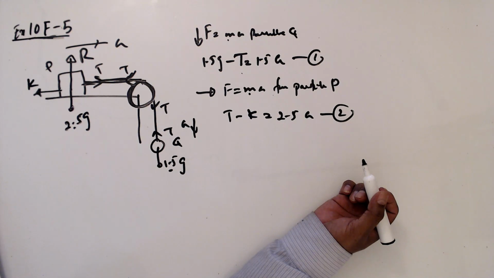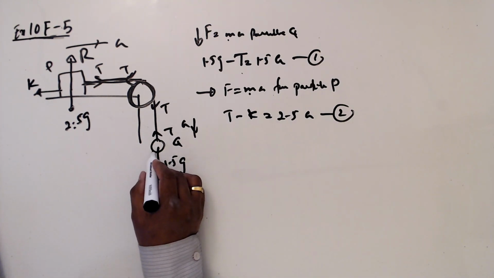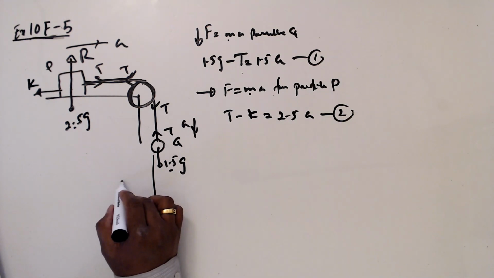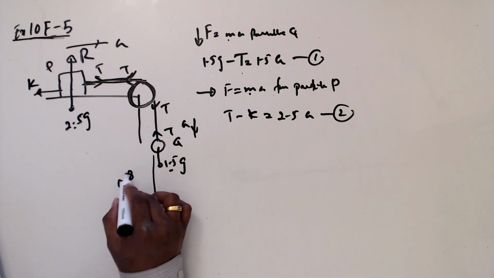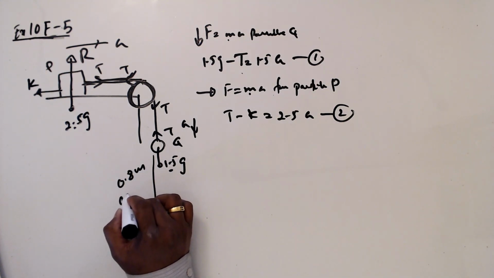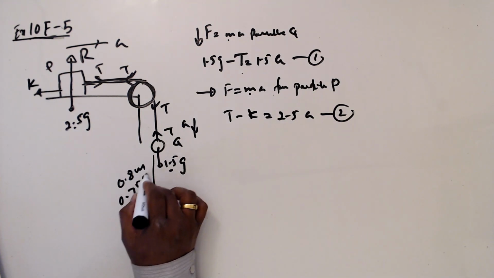The system is released from rest with the string taut, and after that Q descends a distance of 0.8 in 0.75 seconds. So it is descending 0.8 distance in 0.75 second.